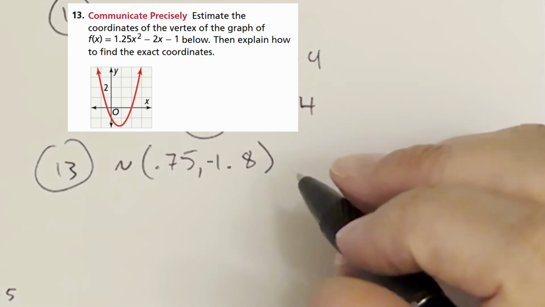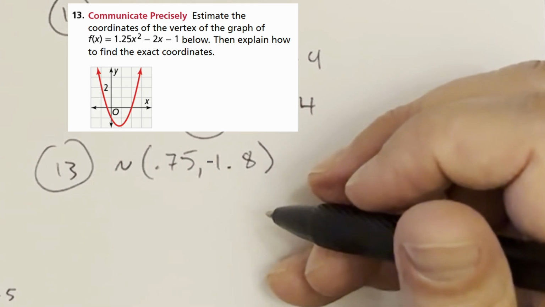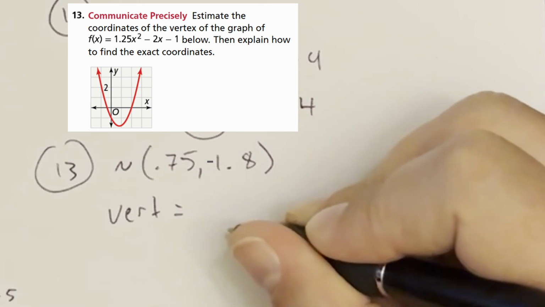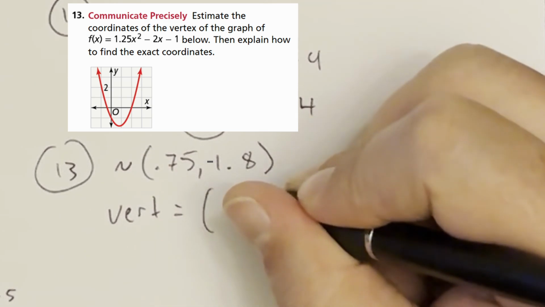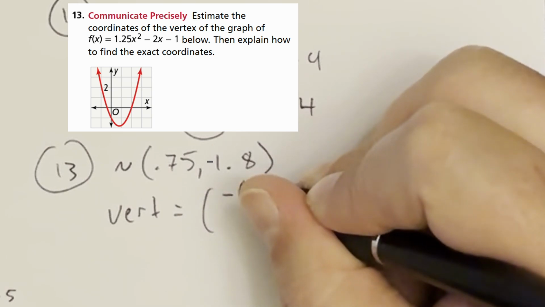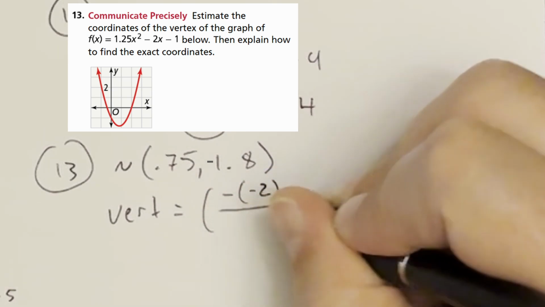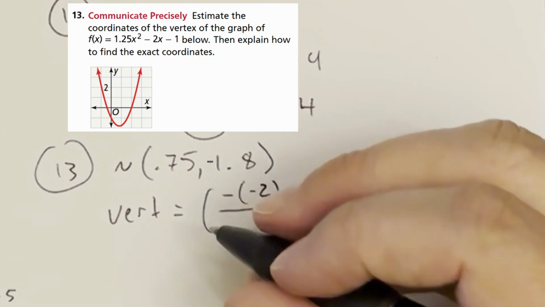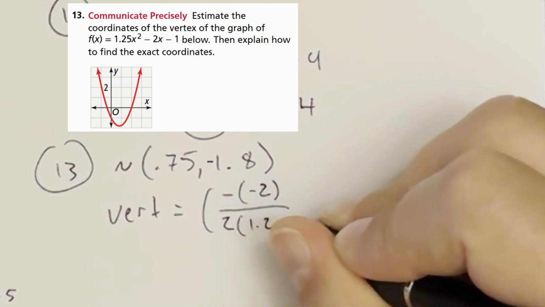So how do we find the exact coordinates? We have to solve for the vertex. And so we use the axis of symmetry value, which is negative b over 2a, so negative negative 2 over 2 times 1.25. And this is equal to 2 divided by 2.5.